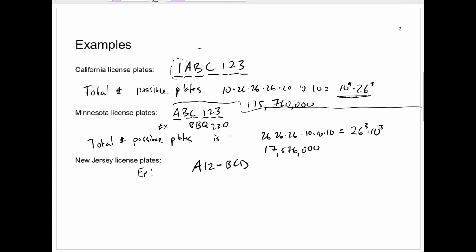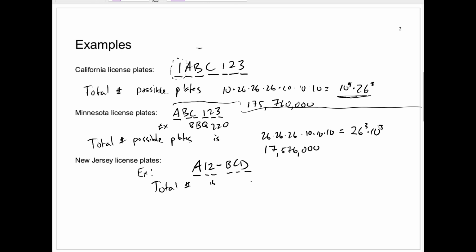So a standard New Jersey license plate consists of a 6-character string. Everybody gets the dash in the middle. 26 choices for the first position, 10 choices for the second position, and for the third position, 26 for each of the 4th, 5th, and 6th position. What's the total number of such plates?